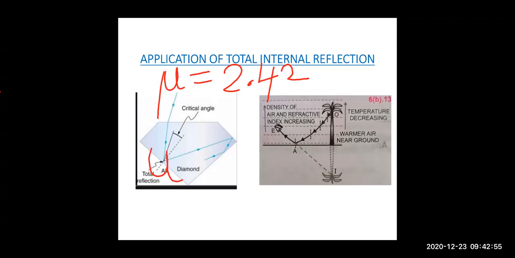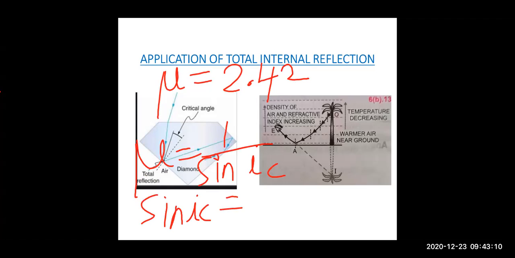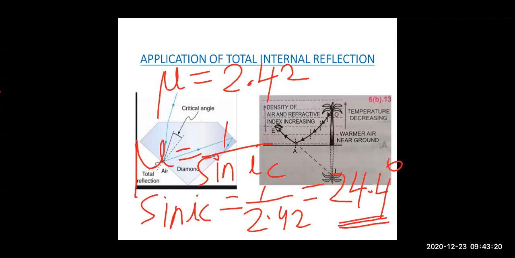Now children, we know that mu equals 1 upon sin IC, where IC is the critical angle. So sin IC equals 1 upon 2.42, and that will be equal to 24.4 degrees. So IC is sin inverse of this, and if we take the sin inverse, the angle that comes is 24.4 degrees.